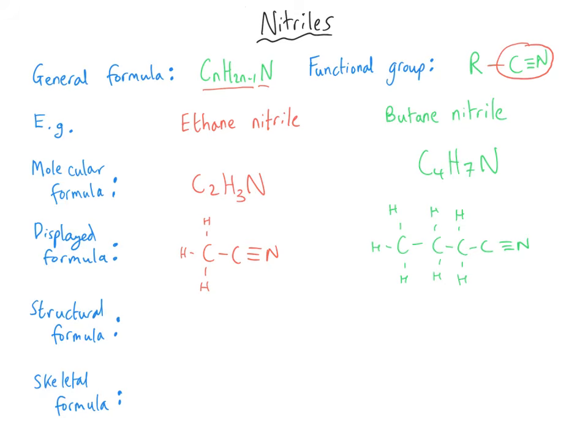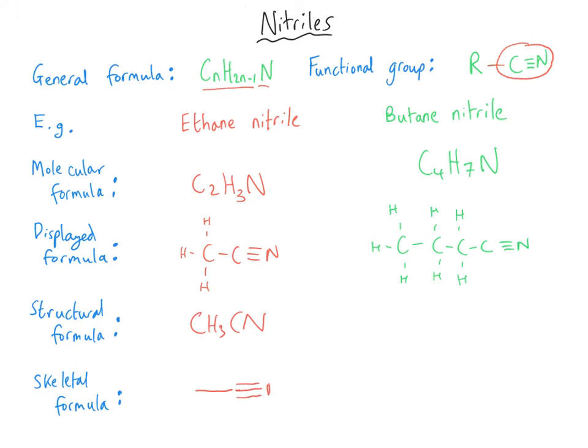Two examples. If we have a look at ethanenitrile, we've got the molecular formula C2H3N, and then the displayed formula is shown underneath. Structural formula CH3CN, and the skeletal formula is the carbon to carbon bond shown like that, and then the carbon to nitrogen triple bond shown like that.